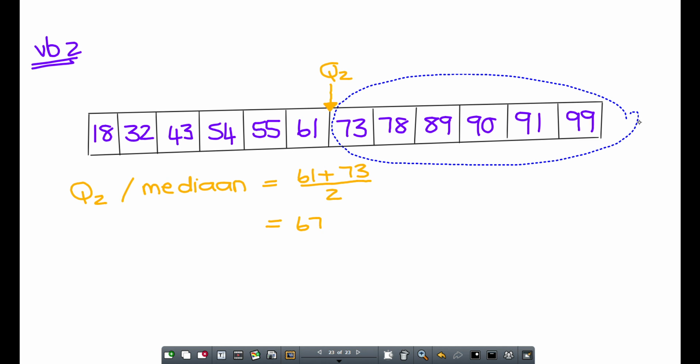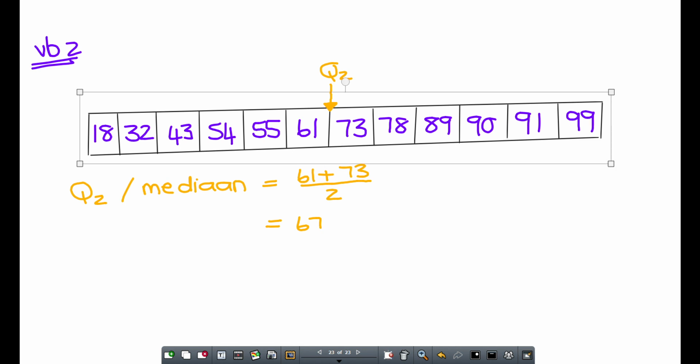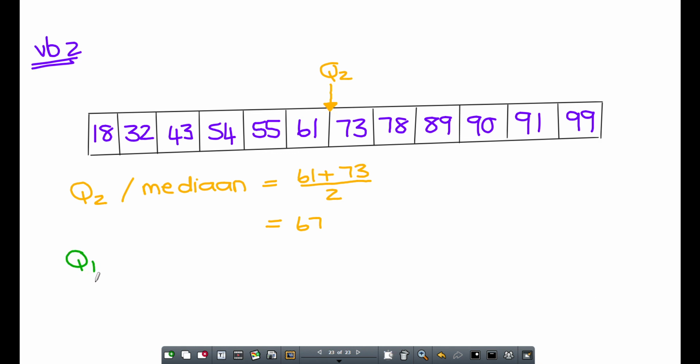You guys good? Okay, on your own, quickly get me Q1 and Q3. And remember, if it falls within 2, same method as what we did at Q2. Okay. So I need you to work out Q1 and Q3. And then once you got that, I want the interquartile range. Interkwartiel variasiewyte.